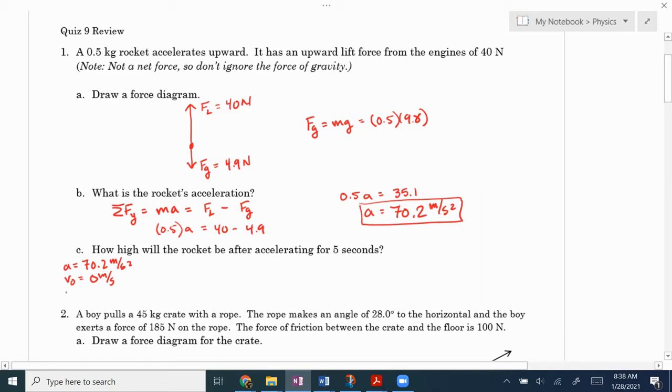Time t is 5 seconds, and we want to know basically how high, right? Since we want to know displacement and time, that's going to be the displacement equation. It starts on the ground, and the initial velocity is 0.